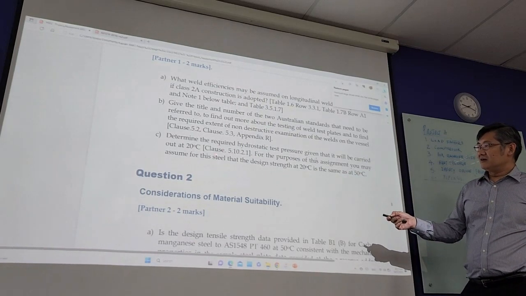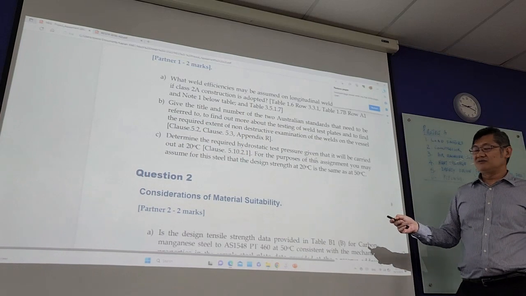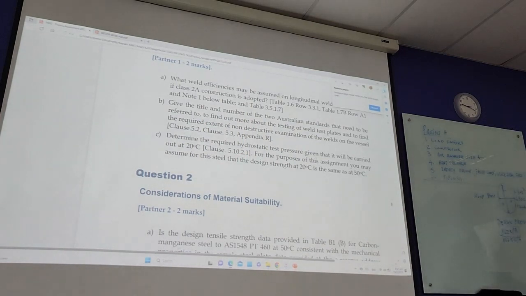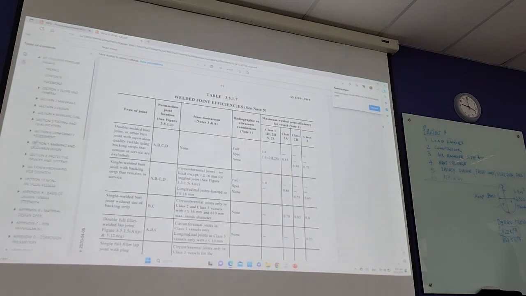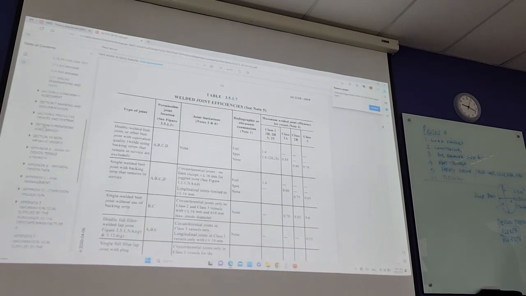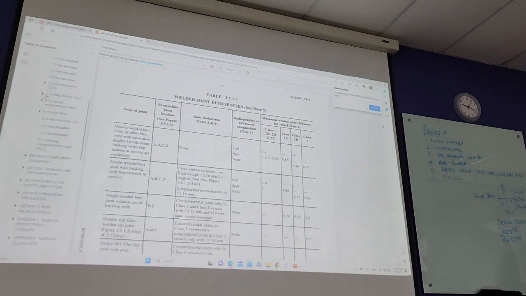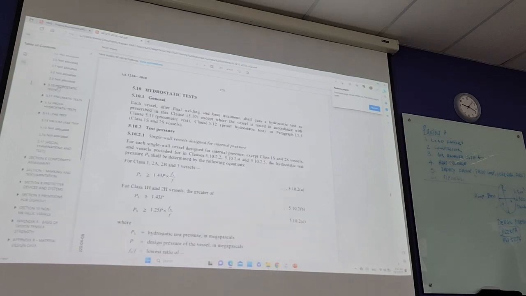So let us look at clause 5.10.2.1. 5.10 is here, hydrostatic test.